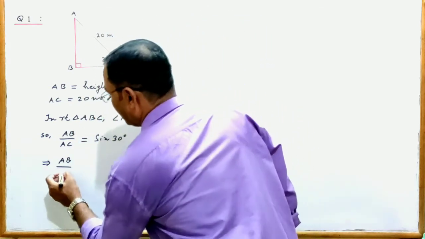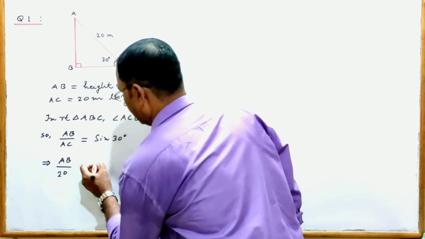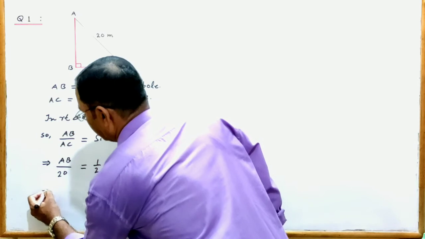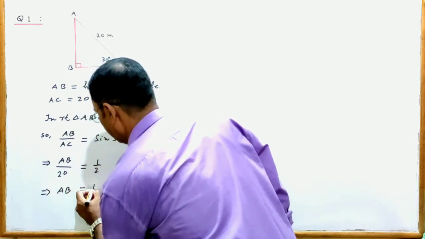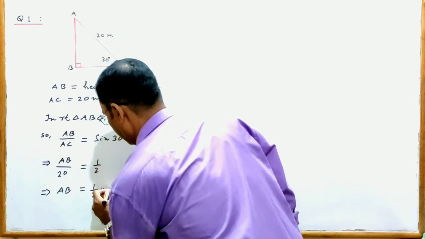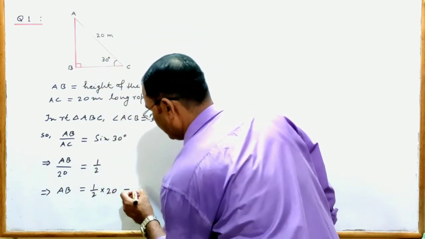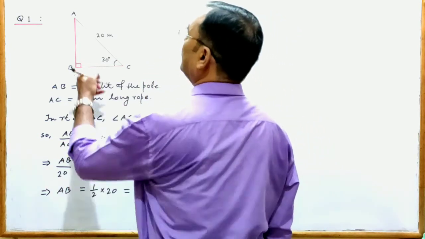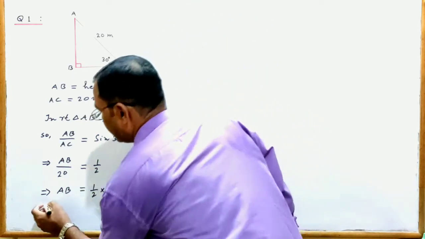AC, the length of the rope, is given as 20 meter and sine 30 degrees value is 1 by 2. So this implies AB is equal to 1 by 2 into 20, and this is equal to 10. So AB, which is the height of the pole, is 10 meter.